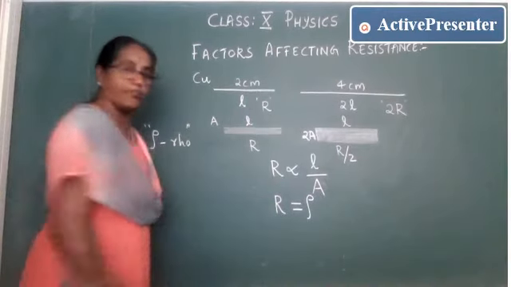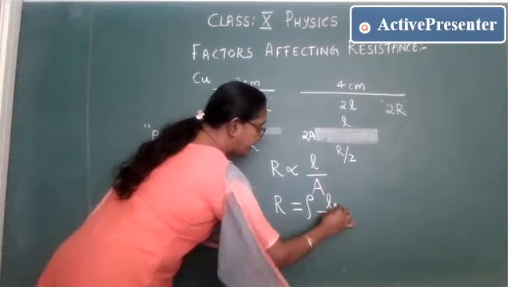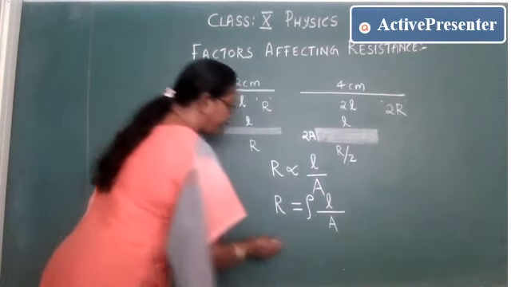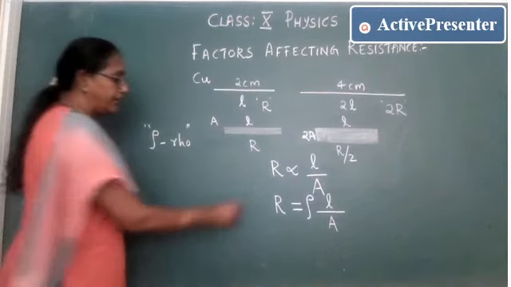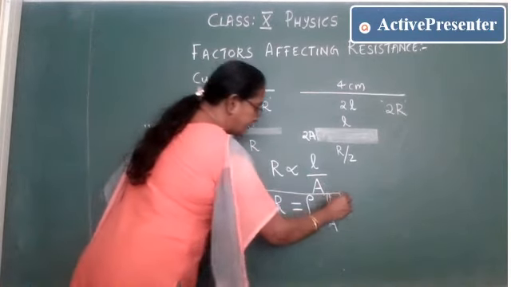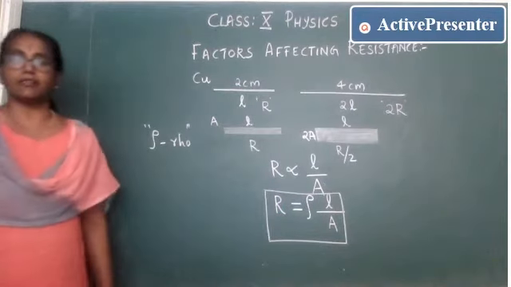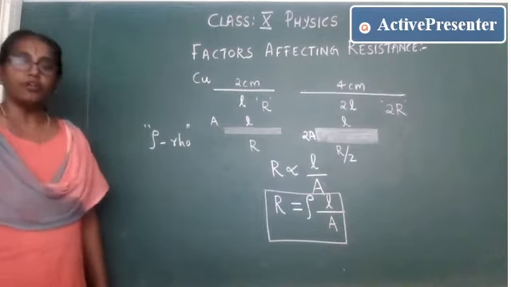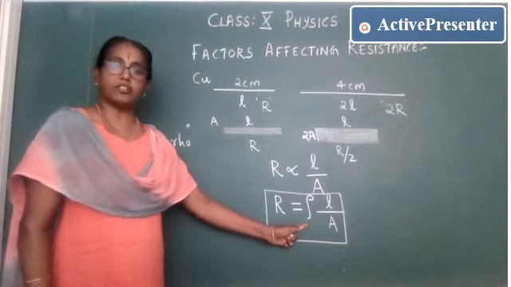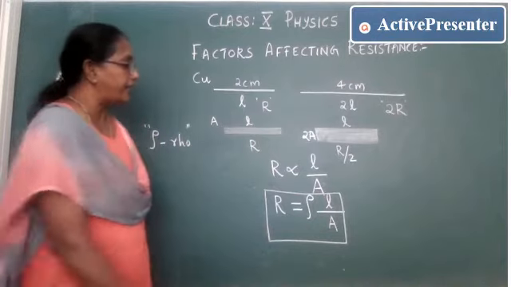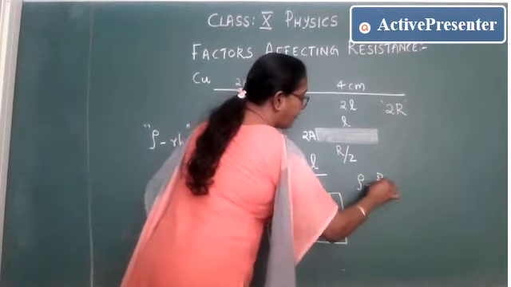This is the constant of proportionality. And the other two quantities, we write L by A. Therefore, R is equal to rho L by A. This is the equation for measuring resistance, where rho is the constant of proportionality, and rho is called the resistivity of the material.